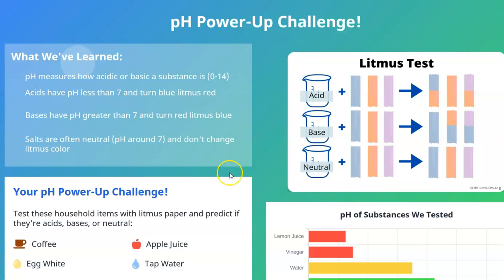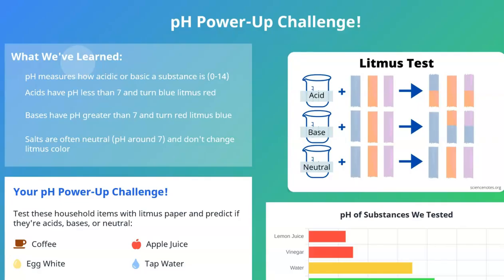We're at the end. So this is the summary. This is a very interesting topic. All you have to remember is that in an acidic solution, the red litmus paper stays red, and the blue litmus paper, when it touches the acidic solution, will turn red.